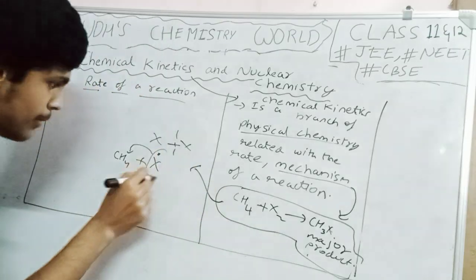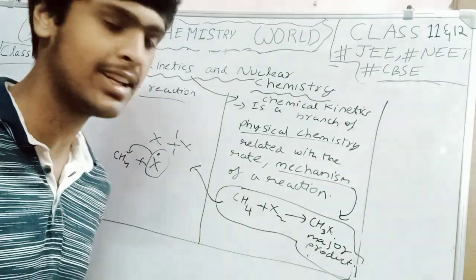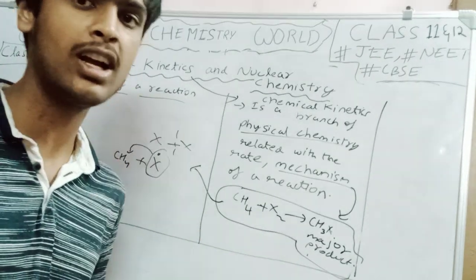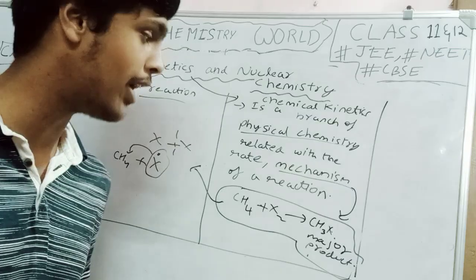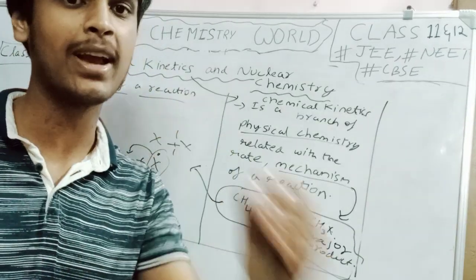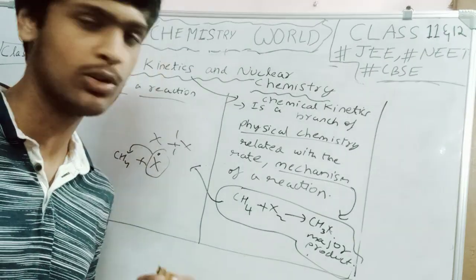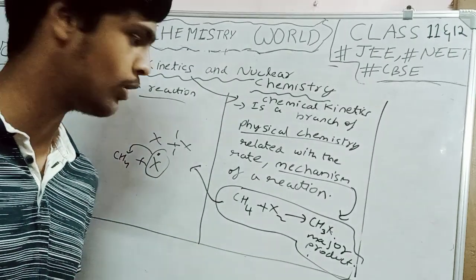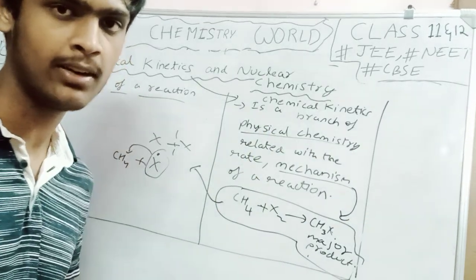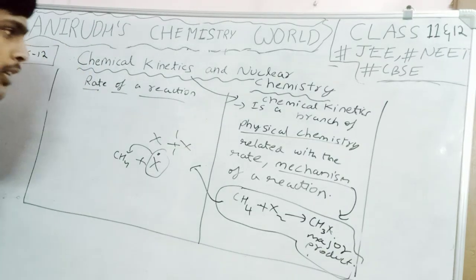This reaction follows the free radical mechanism. This is the mechanism with which the reaction proceeds, known as the free radical mechanism. You might have also heard about Markovnikov's and anti-Markovnikov's mechanisms, and you have so many mechanisms in organic chemistry. You will encounter them in your 12th grade also. Don't worry about that. First of all, we'll discuss the basics of this chapter, and then enter into the core concepts.